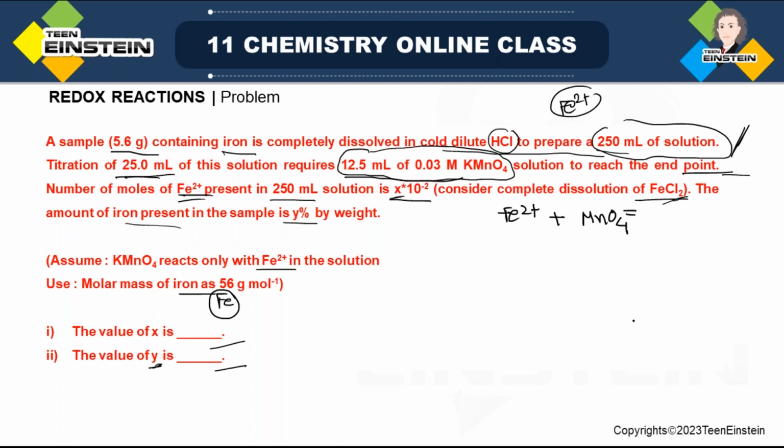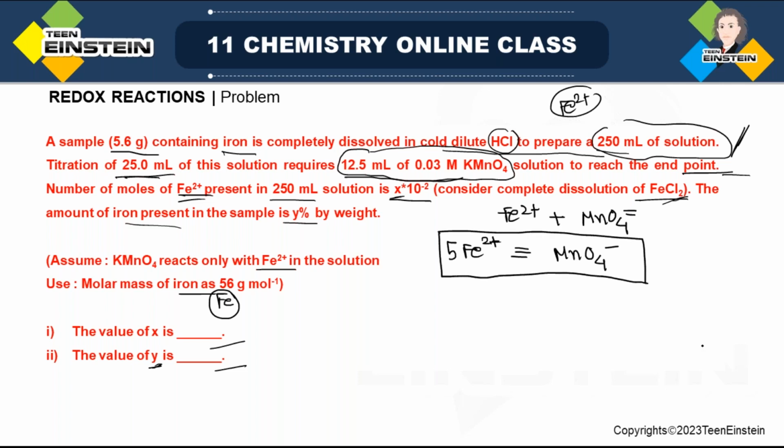How to balance it in detail we have already seen, so I am not wasting time on that. Here 5 moles of Fe2+ is equivalent to 1 mole of MnO4-. This is the important relationship: how many moles of Fe2+ are required for reaction with MnO4-. So this is the ratio, 5:1.